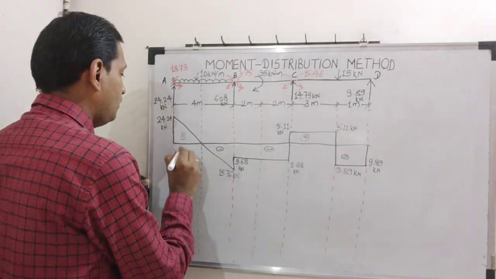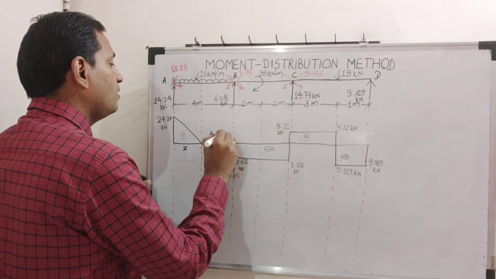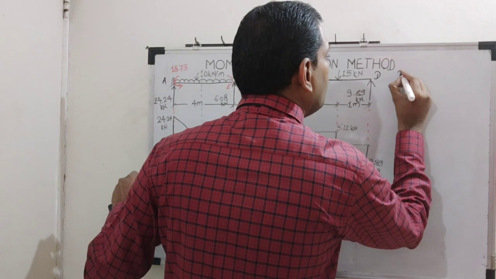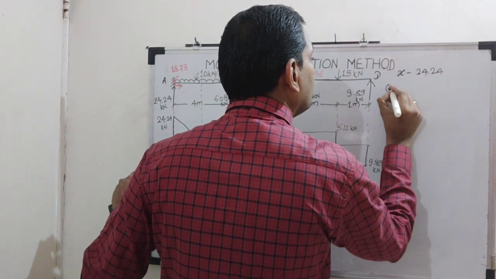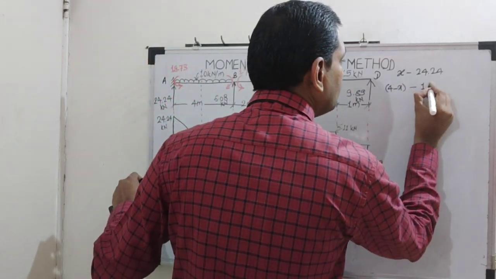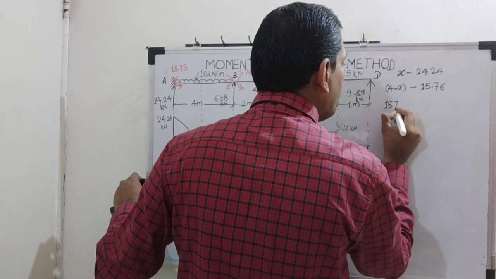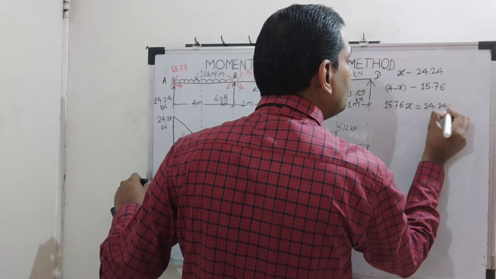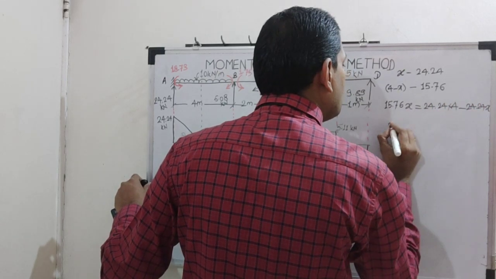So x, and here 4 minus x. So using similarity of triangles we will find this. 15.76x is equal to 24.24 into (4 minus x).